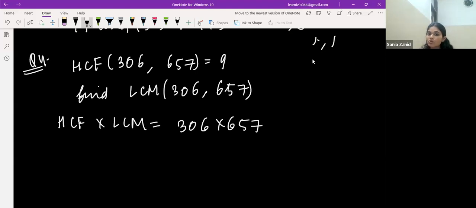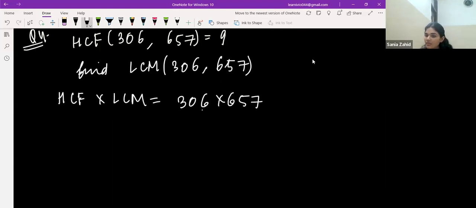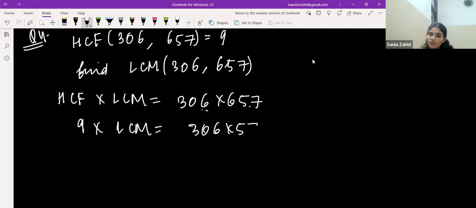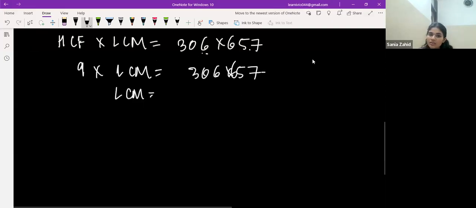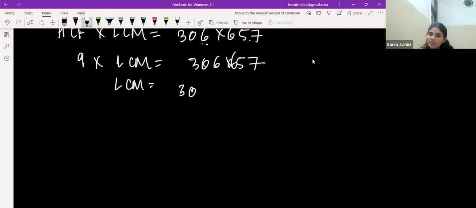You remember this? So the HCF of 306 and 657 multiplied by the LCM is equal to 306 into 657. What is the HCF? 9. What is the LCM? We don't know. Then LCM will be equal to 306 into 657 divided by 9.